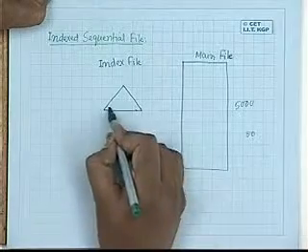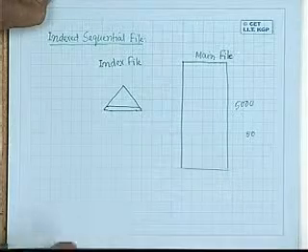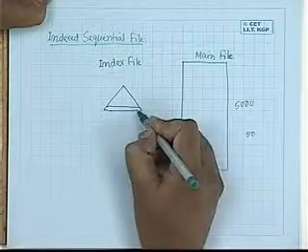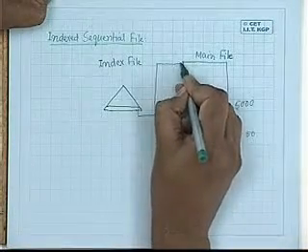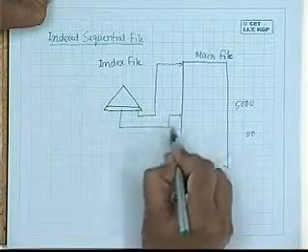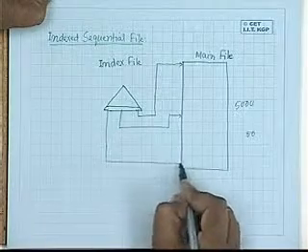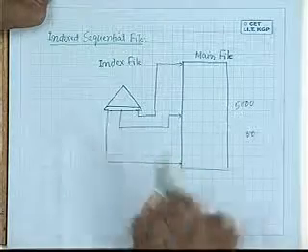Because I have 50 entries in this index file, there will be 50 pointers. These 50 pointers will point to the corresponding entries in the main file, so something like this. And each will point to that particular record in the main file to which this key value belongs.